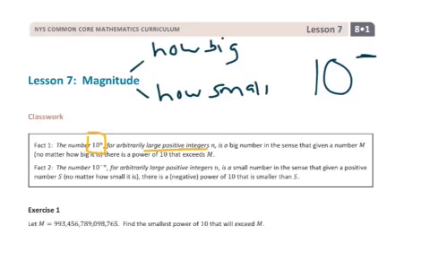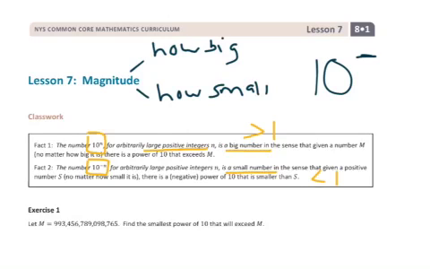Anytime I deal with 10 to the negative n, this is going to go with very small numbers, so numbers less than 1. 10 to the positive n, you are going to be dealing with very large numbers, which would be greater than 1. But remember, we're always dealing with 10 to a certain power. Magnitude is always dealing with a power of 10.